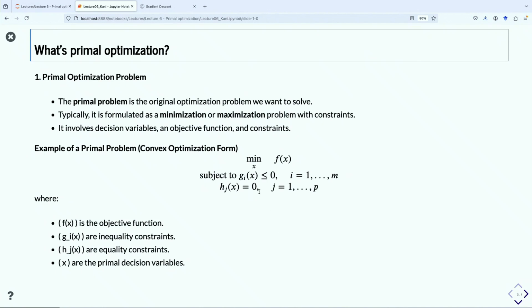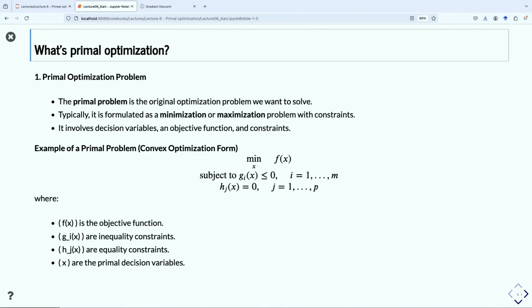We could have some equality constraints we subject it to. But the basic idea is that we want to find a minima or maxima of the function, right? We want to find the arguments that provide this function's minimum value, right? So that's what we've been doing, okay?